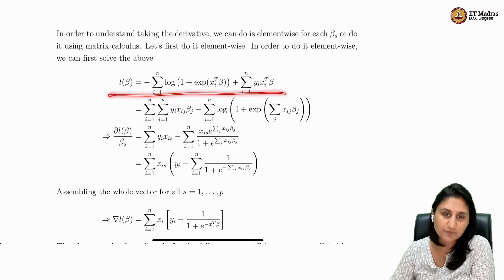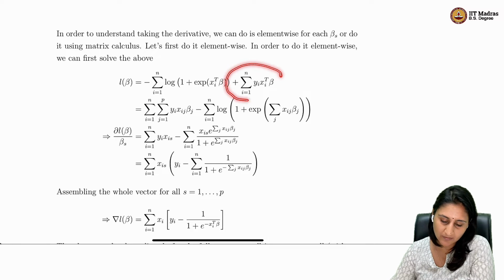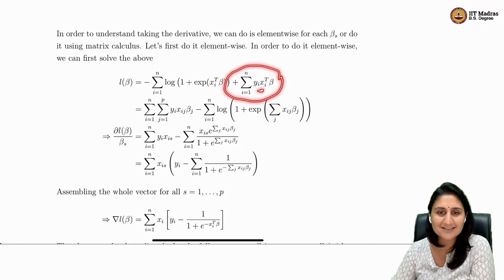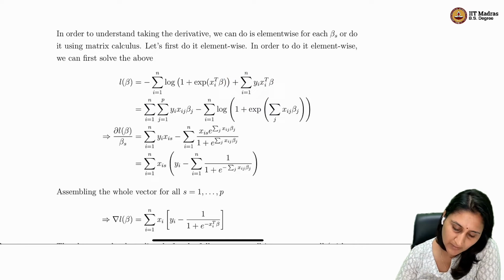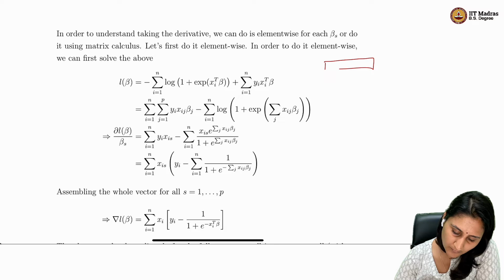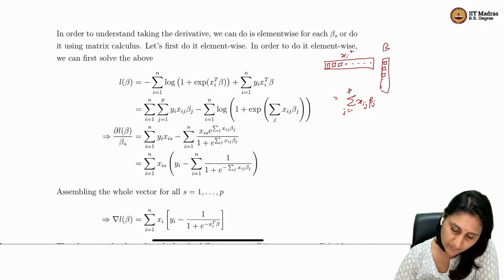So this is our expression of the log likelihood. This is what we found. And I'm going to solve it a little bit. Now, if I look at this expression, I can solve it a little bit because remember, xi is a vector, beta is a vector. So xi transpose beta is nothing but summation xij beta j, j going from 1 to p, because I'm taking one element and multiplying here and then adding them all.